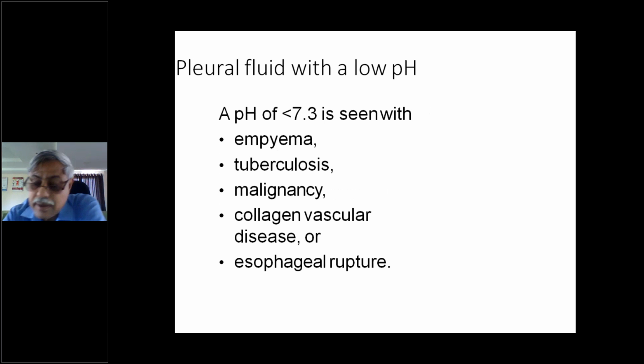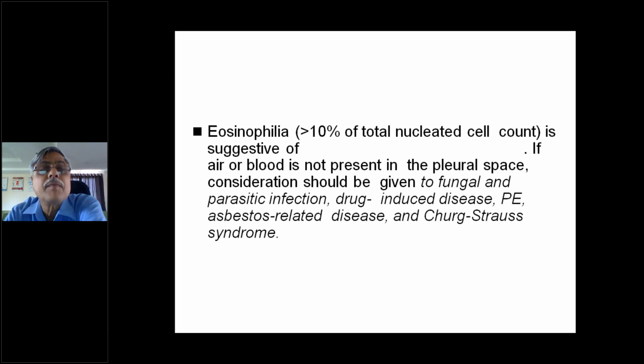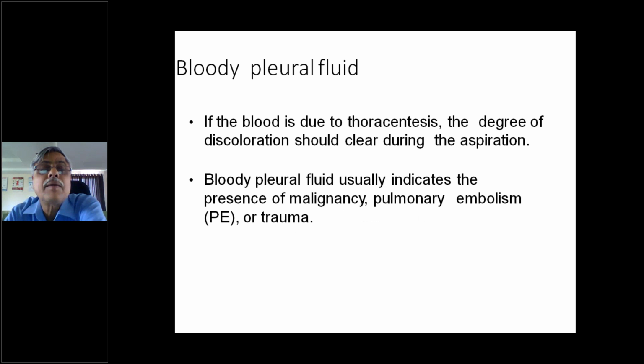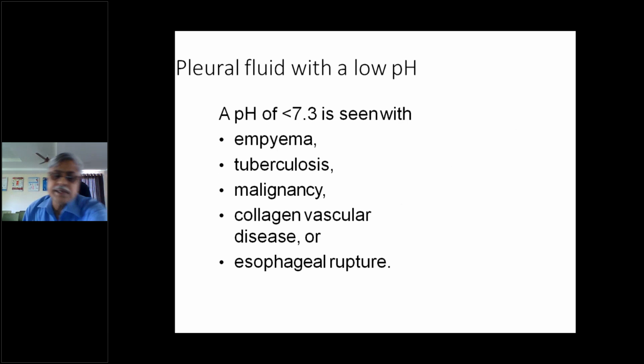So that is one. Of course, lymphocytes, all these things you will know. One is glucose concentration, and the other one is pH of the fluid. The pH of the fluid is also very, very important.